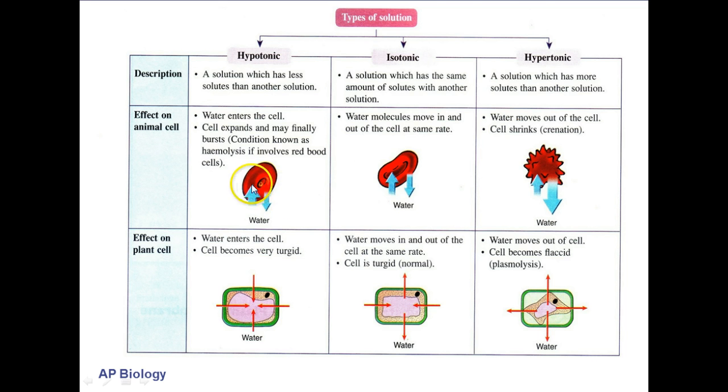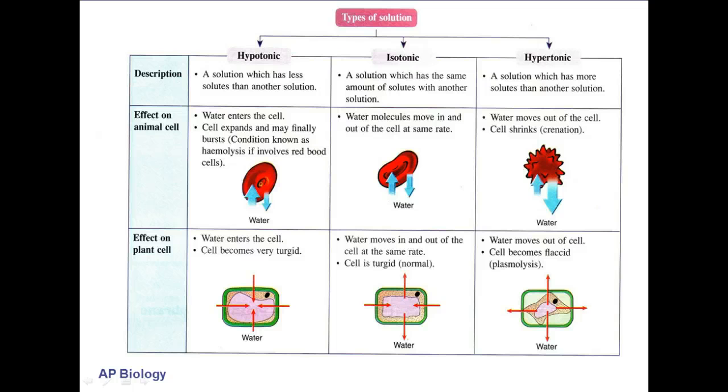Water moves into both kinds of cells. All right. If it's uncontrolled, a cell can lyse. It doesn't happen that often. And then a plant cell wants it because it gets turgid, and that cell can then stand up, or the plant can then stand up and photosynthesize more efficiently.